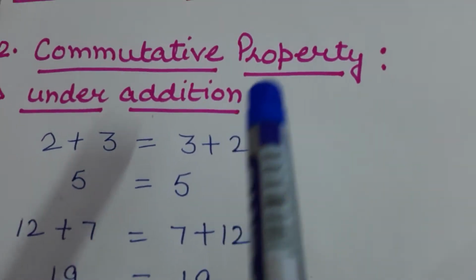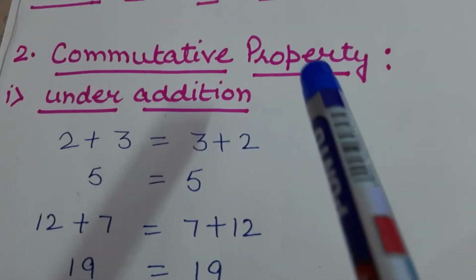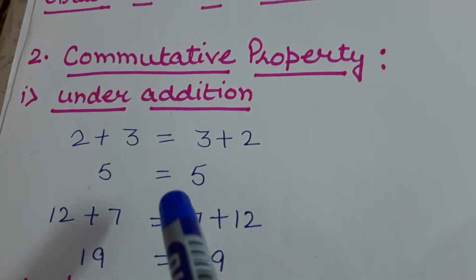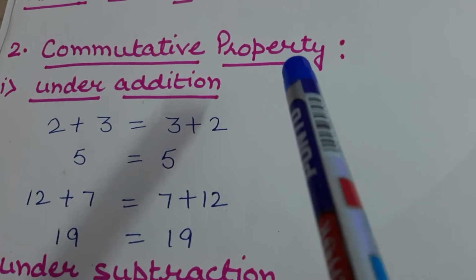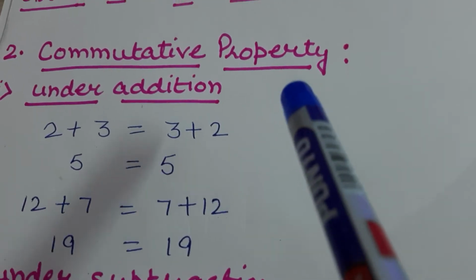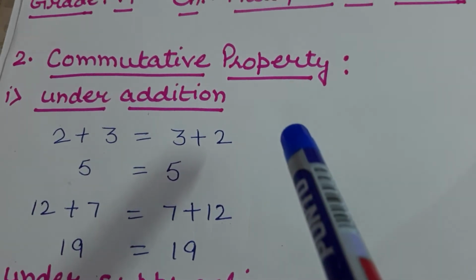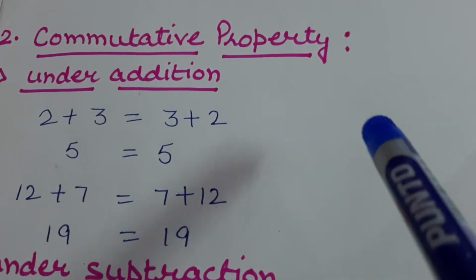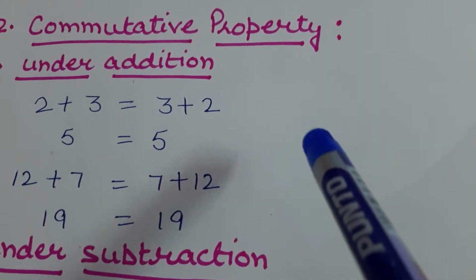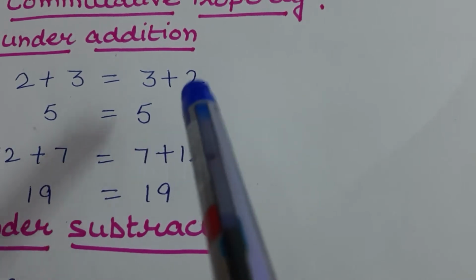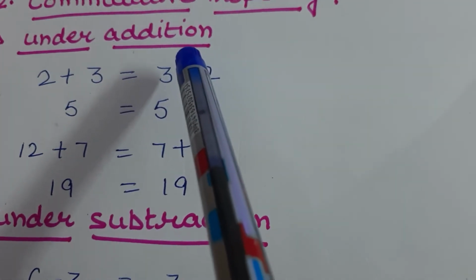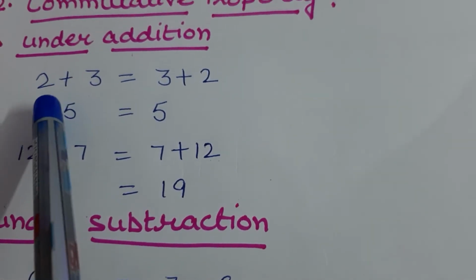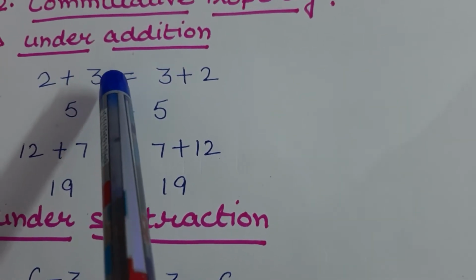First I want to tell you the meaning of commutative property and how we will prove it. In commutative property, if we change the places of the whole numbers, then there should be no difference. Let's take an example. First we are proving it under addition. I am taking two whole numbers, 2 and 3.